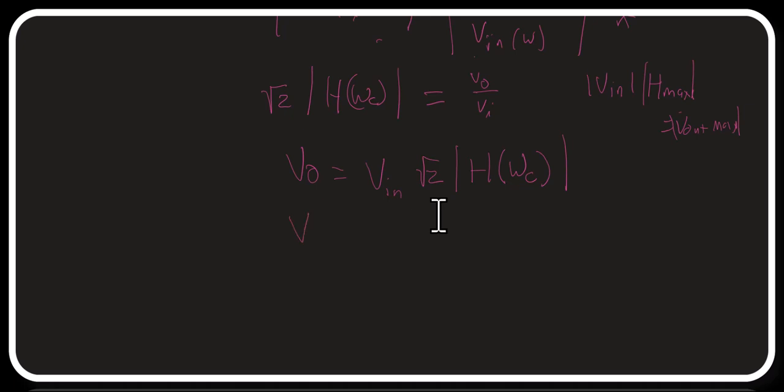So in this instance, v out equals 1 over the square root of 2 times v out max. So what I'm saying is, at the corner frequency, or cutoff frequency, our output voltage is our maximum output voltage divided by the square root of 2.